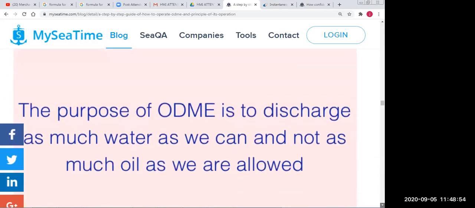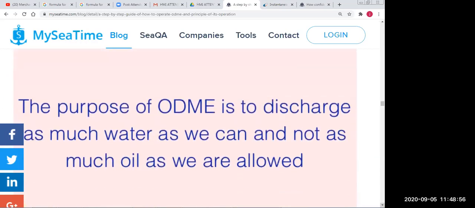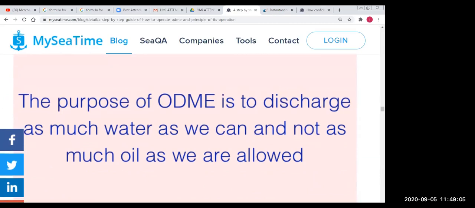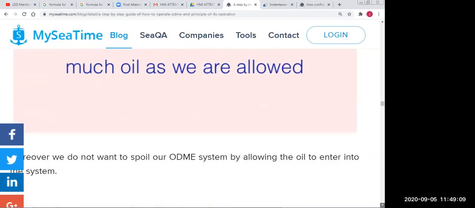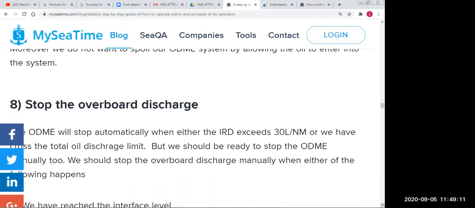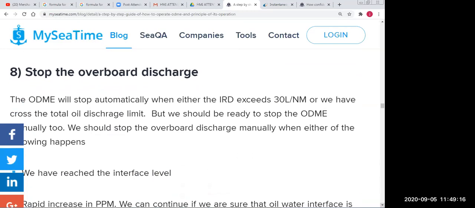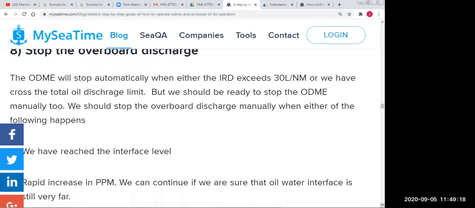The moment it reaches near the water level, we have to stop. The purpose of ODME is to discharge as much water as we are allowed, and not oil. ODME will also be spoiled if you are putting more oil, so we have to keep monitoring and stop before it reaches the oil level.